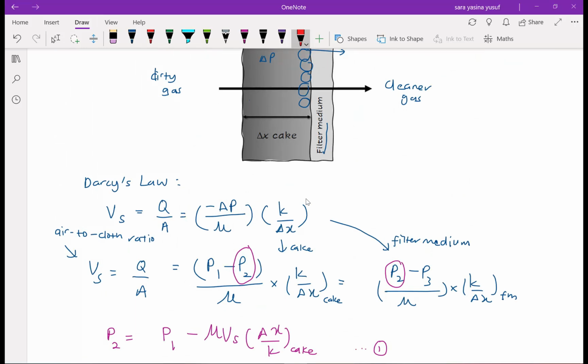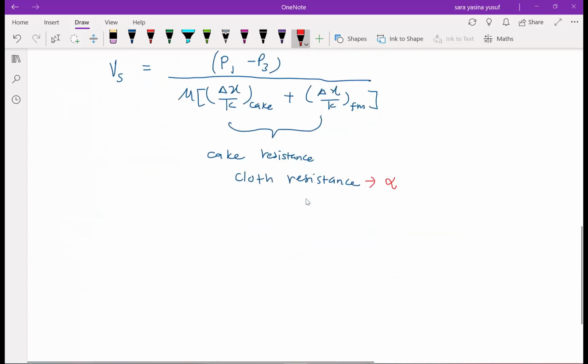The filter medium, or in our example the filter cloth, its thickness will increase, right? It will be the same even after some time, the filter cloth is the same.